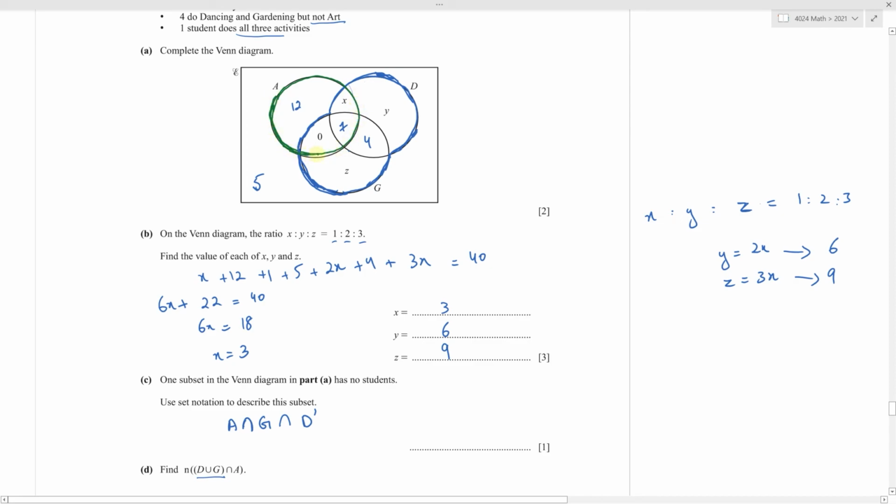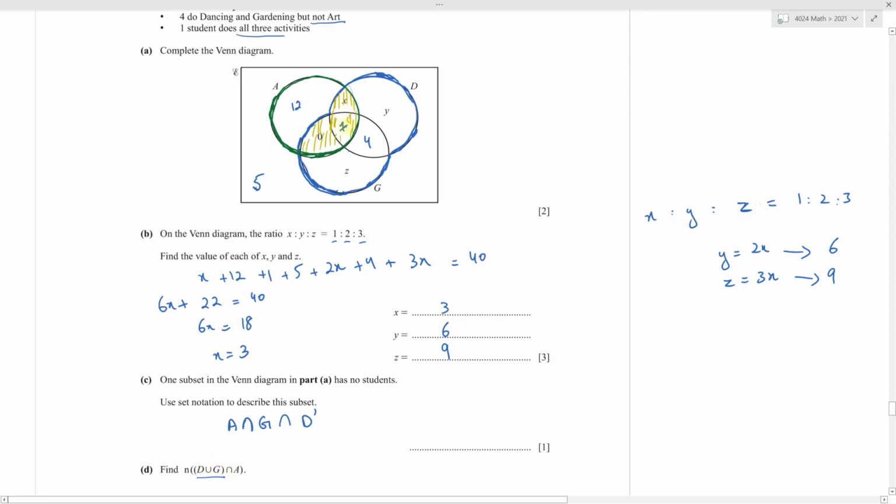So intersection is which are the common areas between this blue, which is D union G, and this green, which is A. The common area is, let me mark it in yellow. This is the common area. That is part of both the green region and the blue region. So you have to find how many students are in this area.